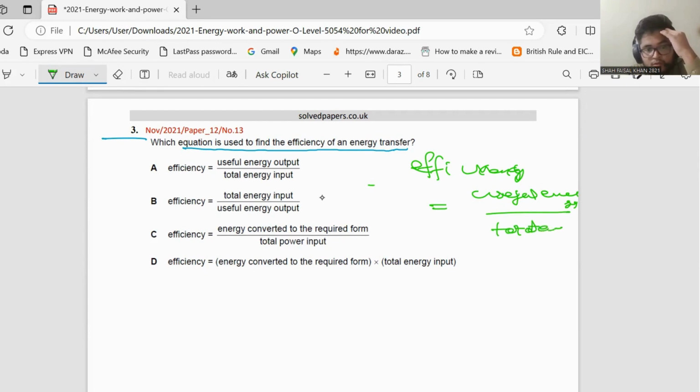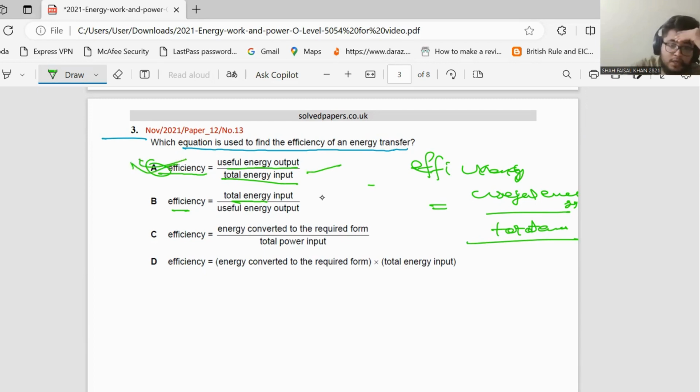Can you see anything like this? In the first option, efficiency is useful energy output, so I think A is the answer. Let's check B: efficiency is total energy input. No, it can't be this, because from the above it's useful energy output. So A is the answer.